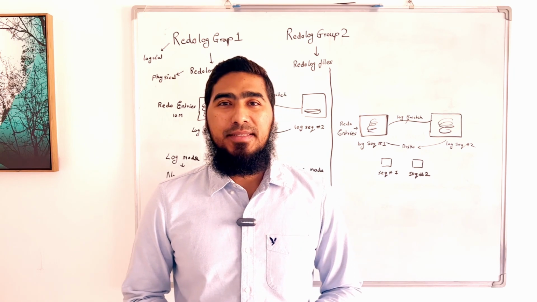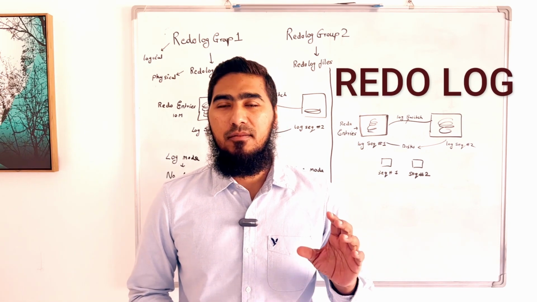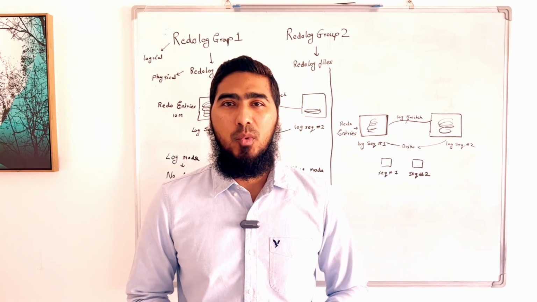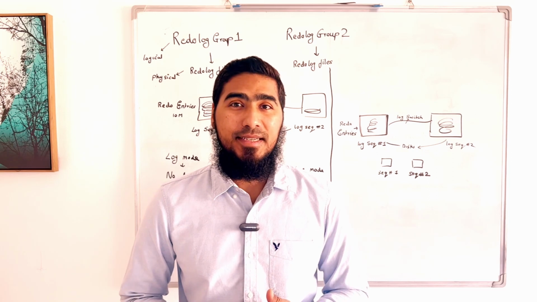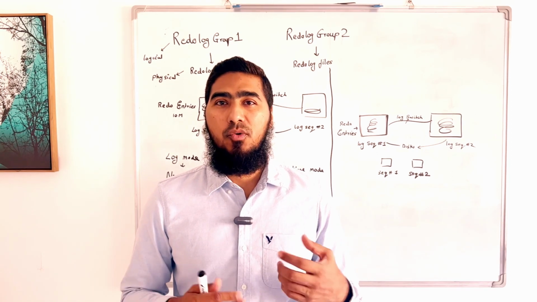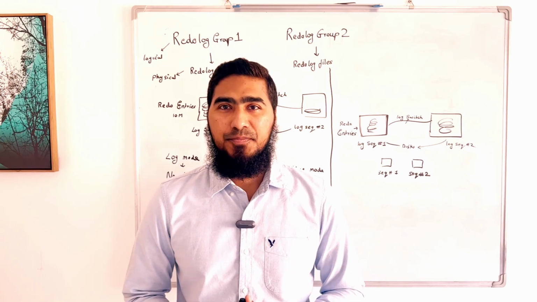So in our previous session, we looked at redo logs: what a redo log group is, what redo log files and members are, what is logical, what is physical, why it exists in the database, and what the role of redo logs is. We covered all those things.